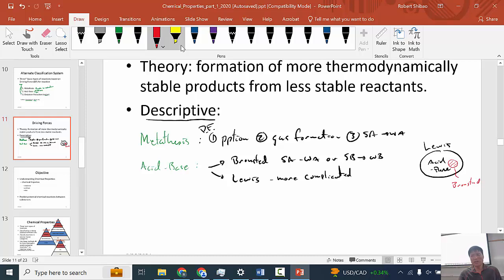We could use Lewis to analyze all acid-base reactions, but since it's more complicated, it's just easier to look at a subcategory of these. And the subcategory of these would be Bronsted. SA is stronger acid to weaker acid.